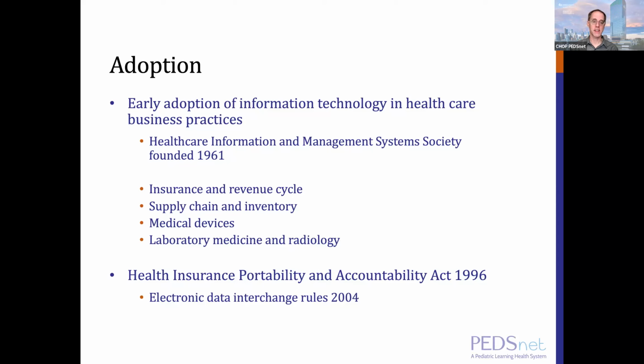But since that time, HIPAA has had an outsized impact on the way we think about exchange of electronic healthcare data. However, it didn't by itself change the way we used electronic healthcare records in healthcare delivery.